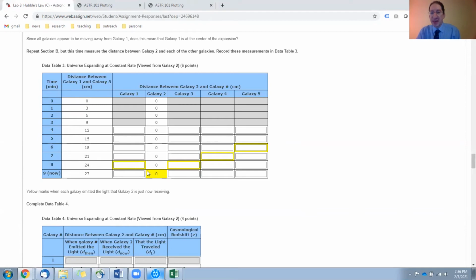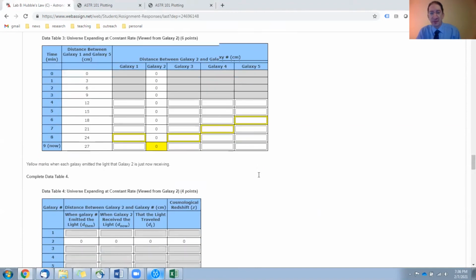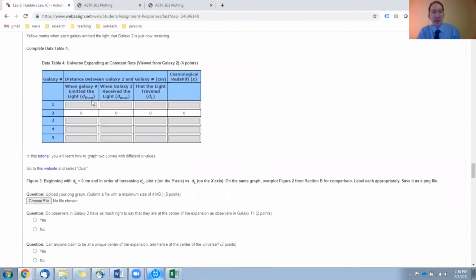Now, your D-thens are again in the yellow boxes. Your D-nows are again on the bottom row. So you'll copy those into this second table. The D-thens go here, the D-nows go here, and then using the same equations, you will calculate luminosity distances in this column and cosmological redshifts in this column.